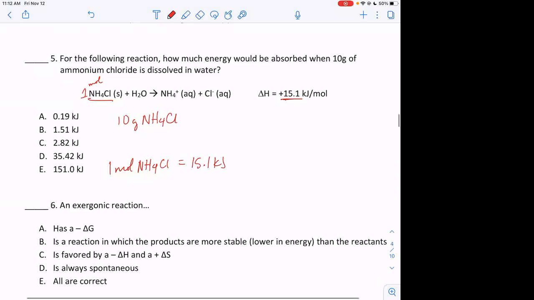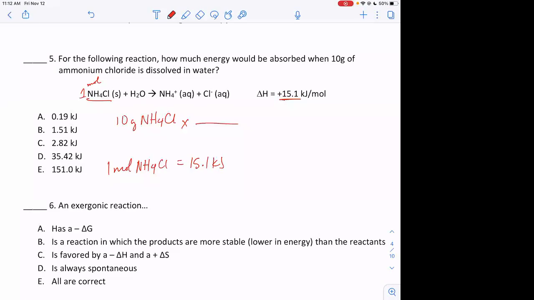So we need the molar mass of that, which is going to be 14.007, 4.032, and chloride is like 35.4, we'll say. So again, you add it all up, it's like 53.4, we'll say 439.